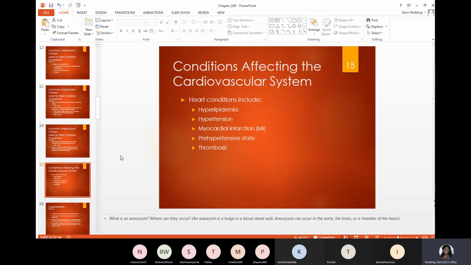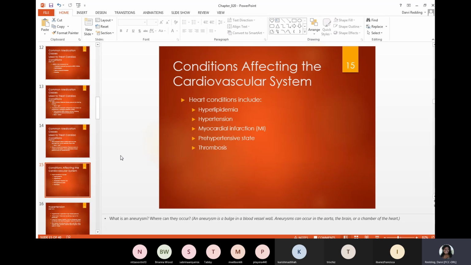You also have conditions where people might be at a pre-hypertensive state. That means they are basically borderline. They're in the range of almost having high blood pressure, almost having hypertension. So that means before. So pre-hypertensive state. And then you have thrombosis, and thrombosis represents blood clotting.